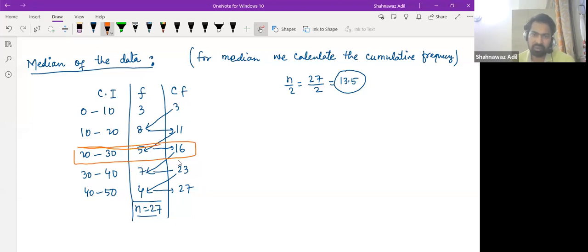So this is how we take the number which is greater than n by 2. So this will be called, as previously you were calling the modal class, this is the median class.